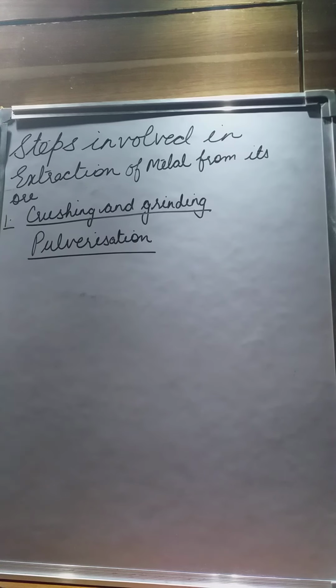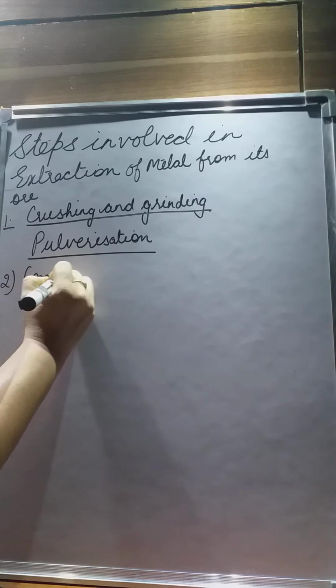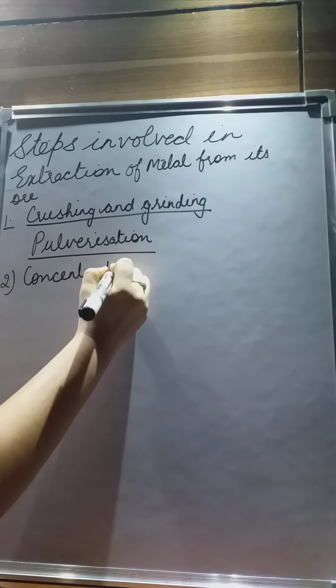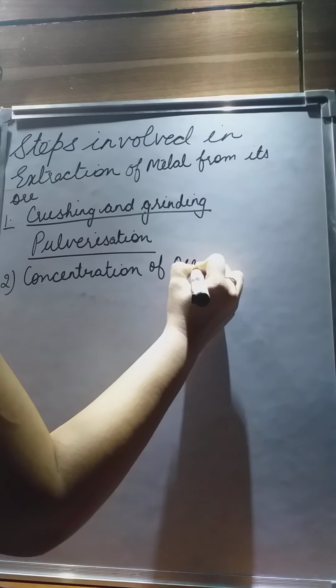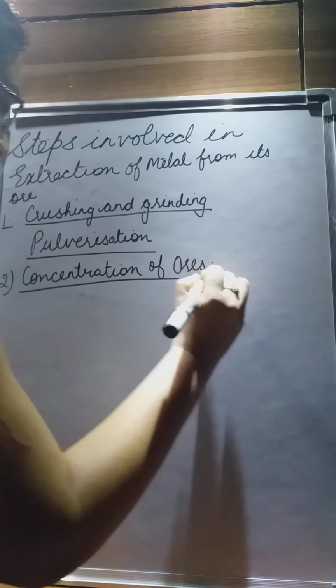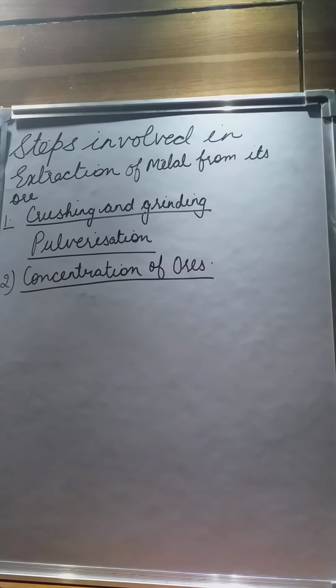The second process is called concentration of the ores. Boys, the process of removing gangue, the rocky impurities like silica present in an ore, is called concentration of an ore.